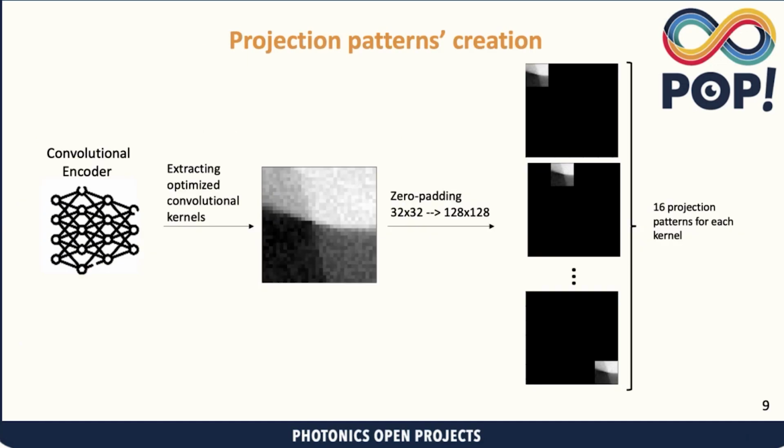As I said, once the training is done, we can extract the optimized convolutional kernels that were formed in the convolutional encoder. We then apply a zero padding process onto those extracted kernels so that we form 16 projection patterns for each kernel, where the original kernel is located on one square of a 4x4 grid.